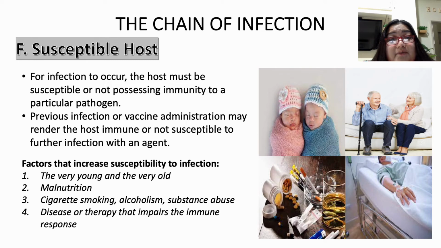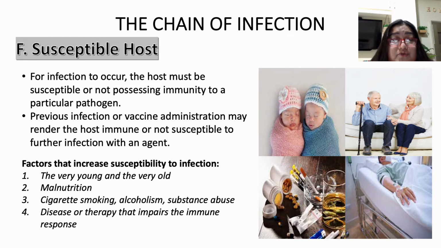Lastly, the susceptible host. For infection to occur, the host must be susceptible or not possessing immunity to a particular pathogen. A person who is immunocompromised has much greater susceptibility to infection than a healthy person.